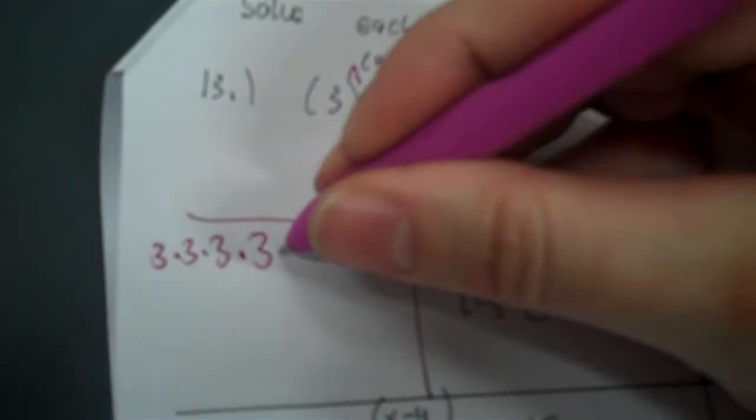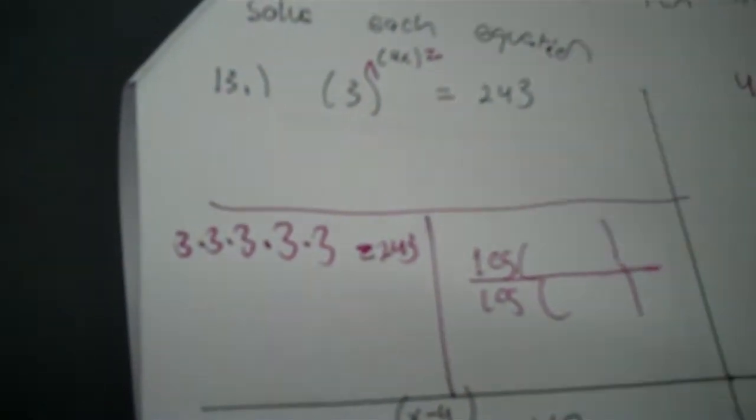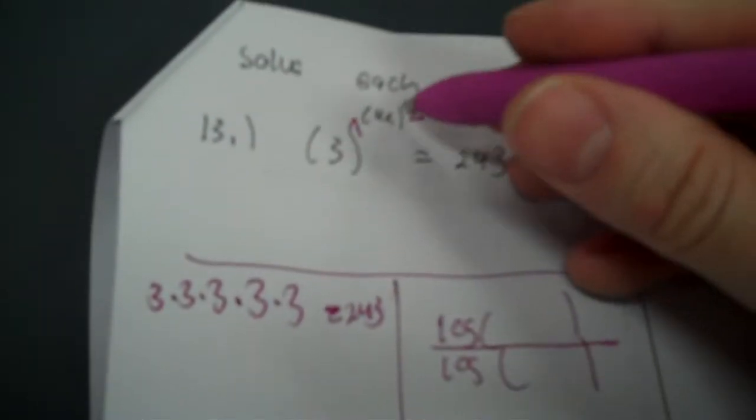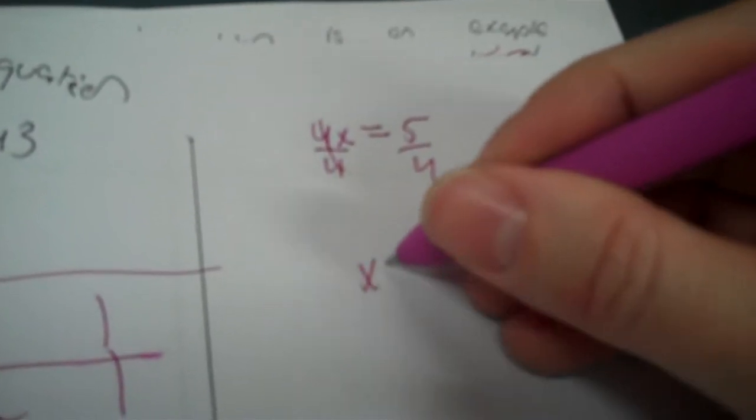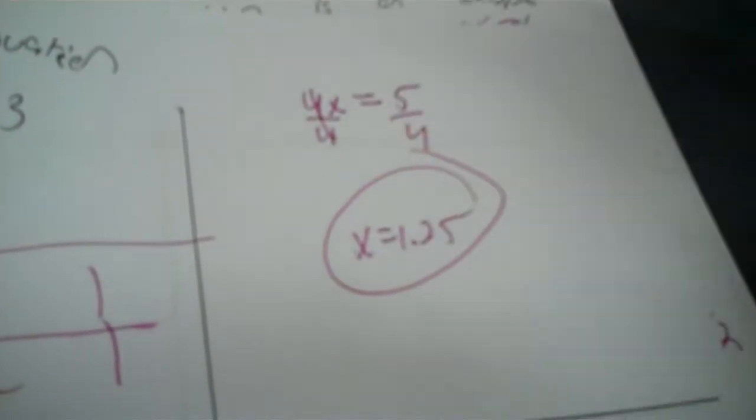So 3 times 3 is 9, 27, 81. That, and you use a calculator. Sweet, 243. So 5. So 4x equals 5. That's your power. So we divide by 4. And that's 1.25.